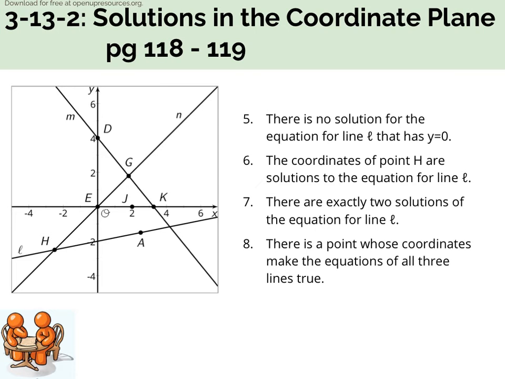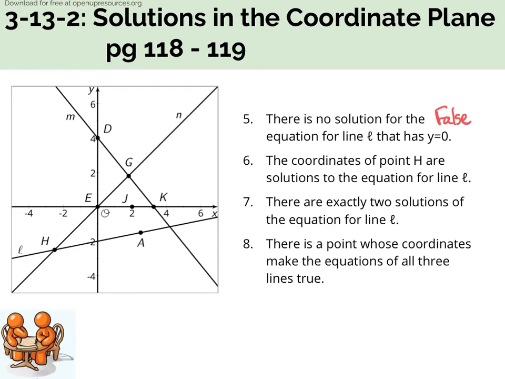Here are more questions about the same graph. Number 5, there is no solution for the equation for line L that has y equals 0. Let's go ahead and answer that question and then come back. All right, is there no solution for the equation for line L that has y equals 0? So technically this answer is false, because in the picture that we have right now, it doesn't have a solution.